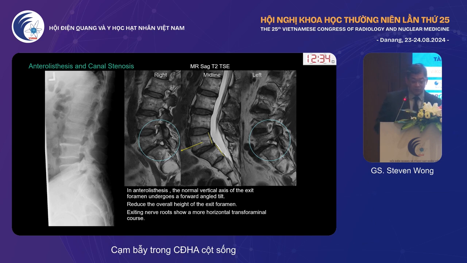Always look to see whether there is any pars defect, but the main thing is if you see on the sagittal MR that there is anterior listhesis. So what happens during anterior listhesis is your neuroexit foramen changes shape, becomes flattened, and becomes slanted forward.